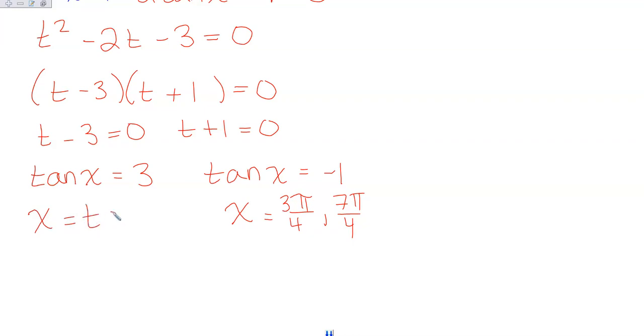So our tangent inverse of 3 is going to give us 1.249. A reminder that we have been working with degrees frequently lately. Please make sure your calculators are back to radians.